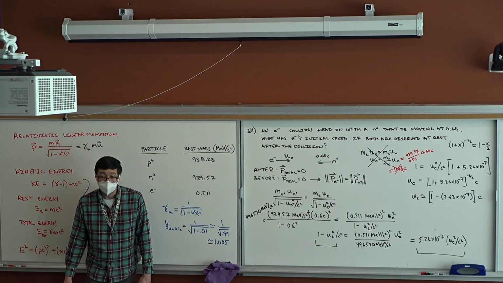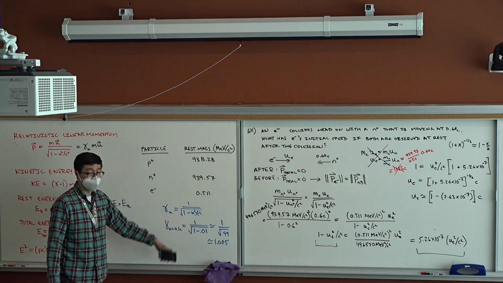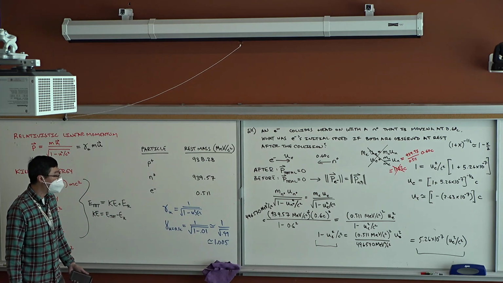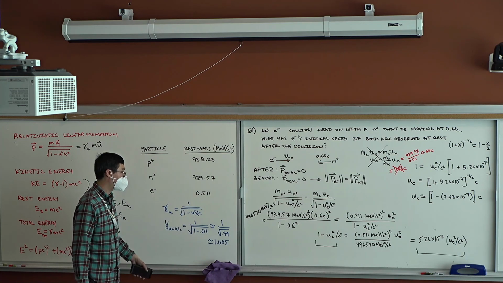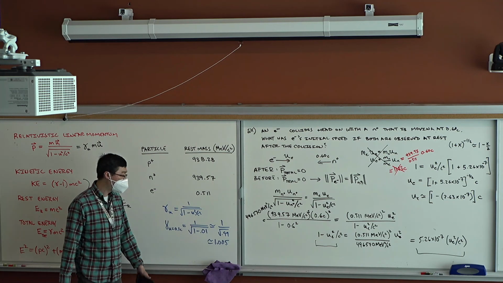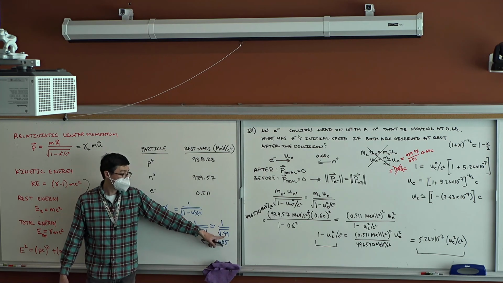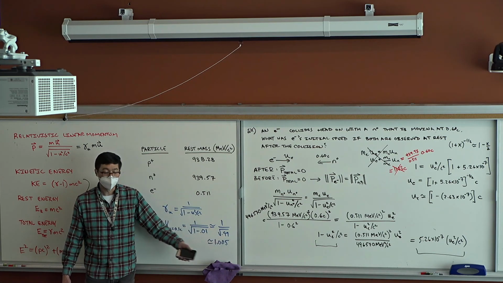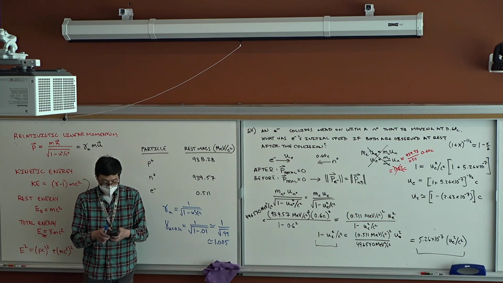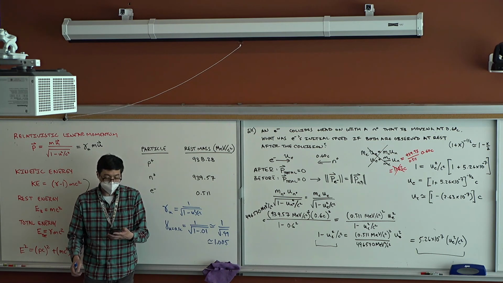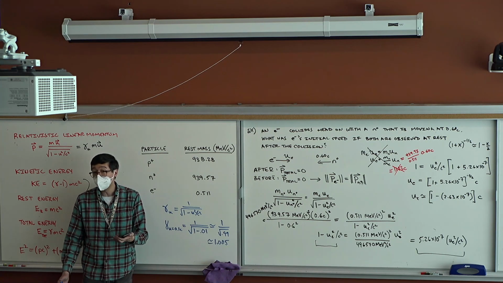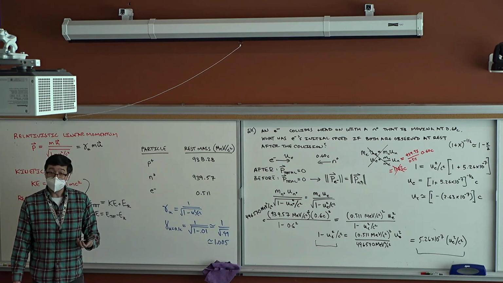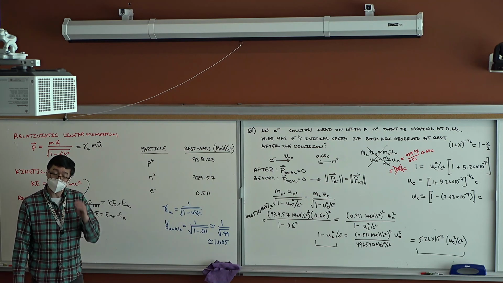If you were to double the speed, right? 0.2 squared is 0.04, and so this becomes 1 over the square root of 0.96, right? And so that's about 1.02. So that's about 2%. I would say at that point 2% is kind of noticeable, right?